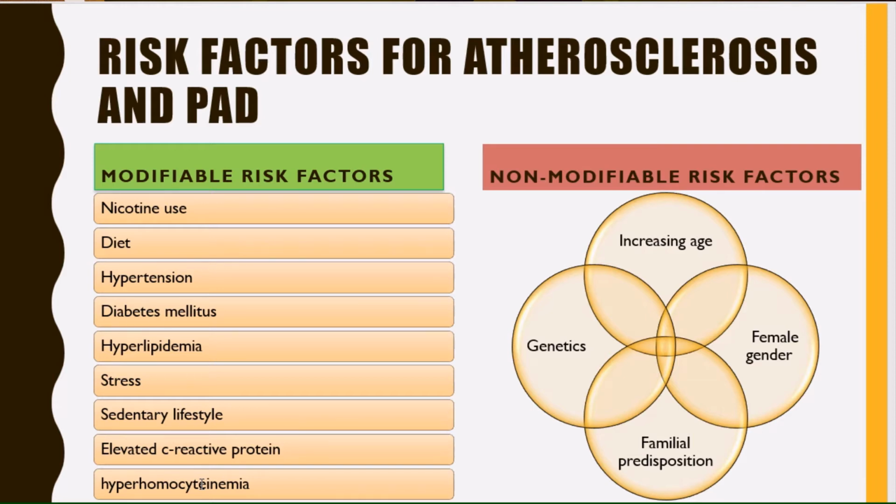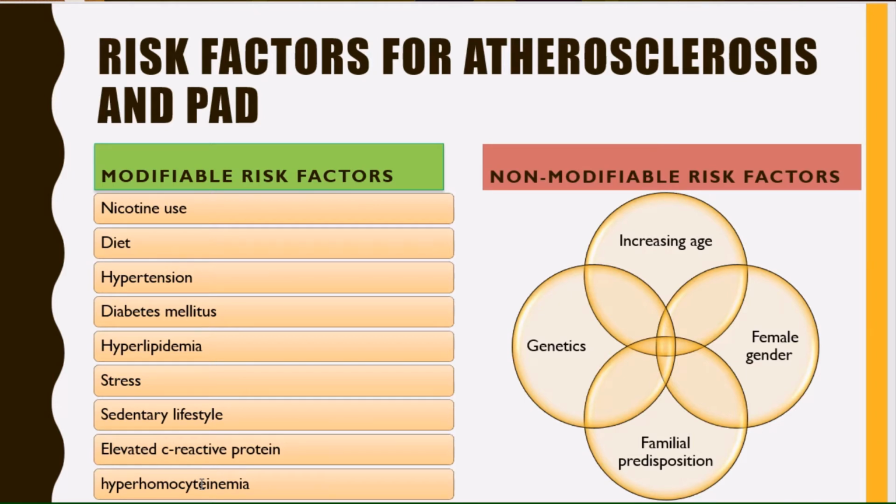So know that the nicotine causes vasospasm, which leads into vasoconstriction and decreasing the circulation. The diet again could be a high fat, Western kind of diet.